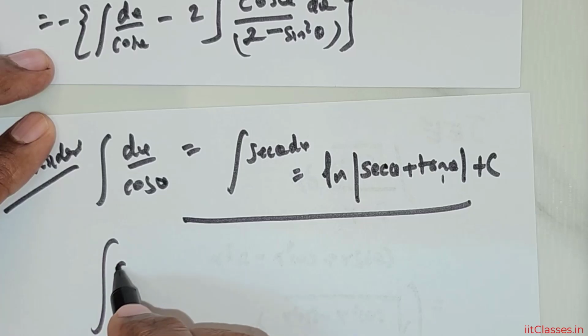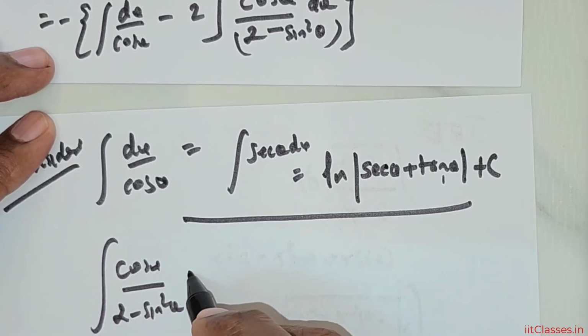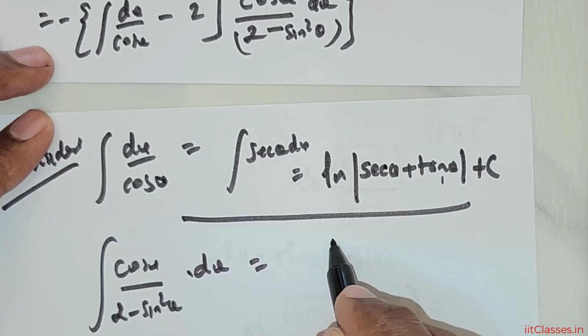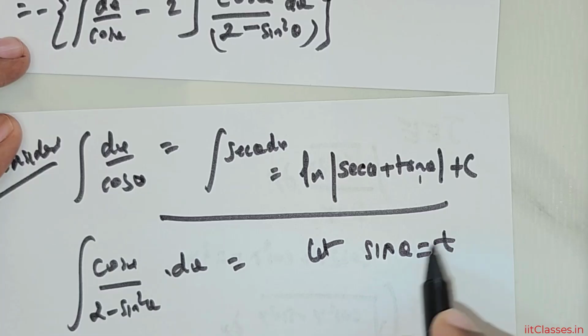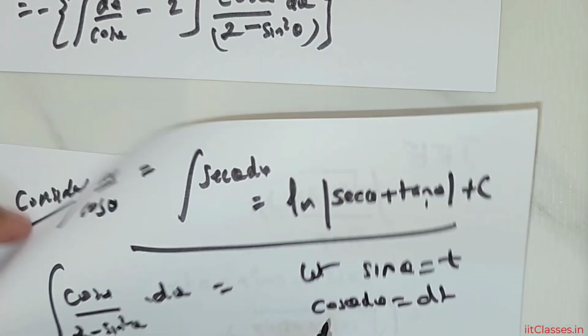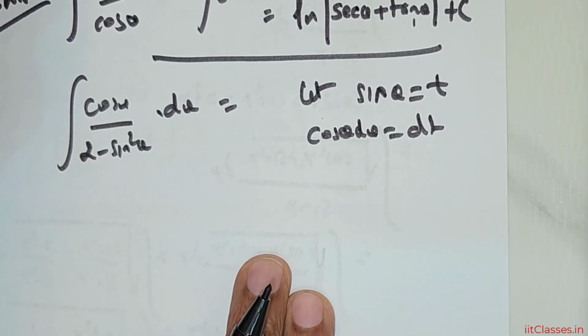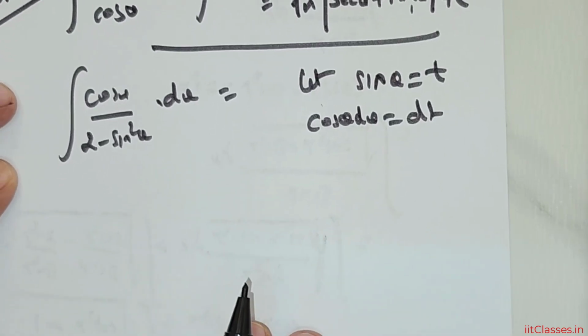Next comes to integrate cos theta divided by 2 minus sin square theta times d theta. So what I will do, I will let sin theta be equal to some t. This will be cos theta d theta is equal to dt. So you substitute this.